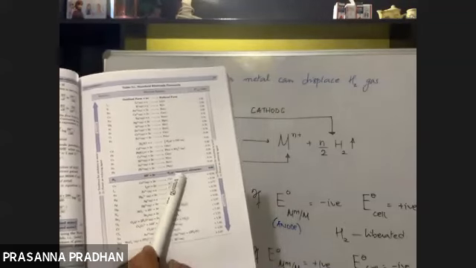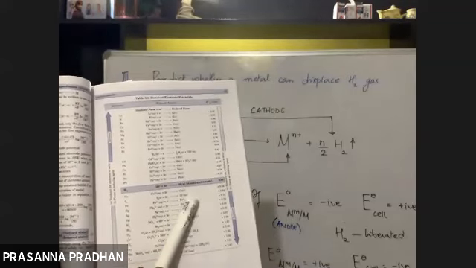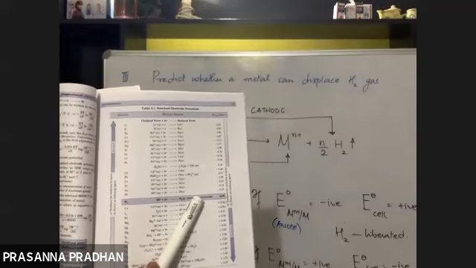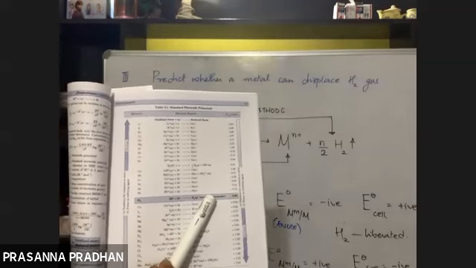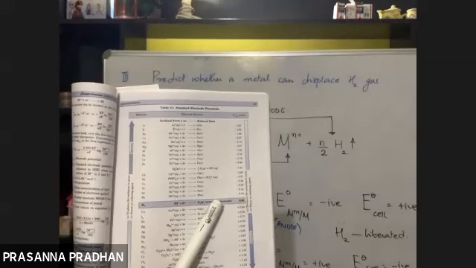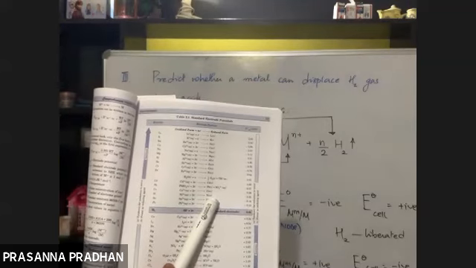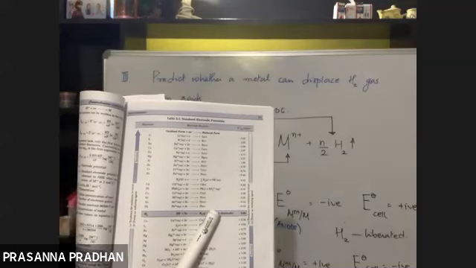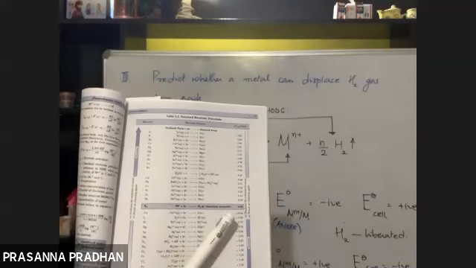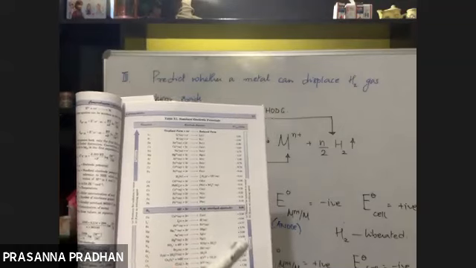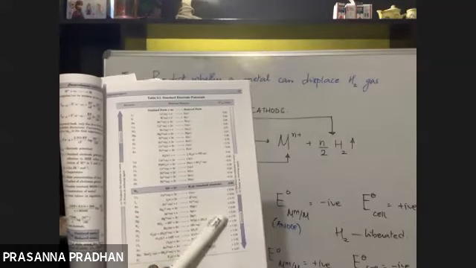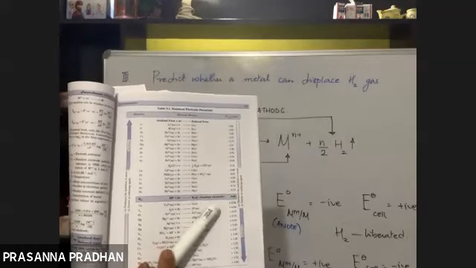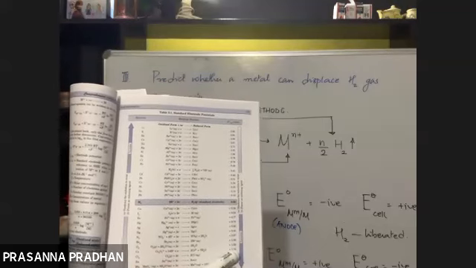Whereas the values below hydrogen are all positive, which means they are not able to liberate hydrogen gas. So the metals lying above hydrogen in the electrochemical series can liberate hydrogen from acids, whereas the metals lying below hydrogen will not be able to liberate hydrogen gas since they have positive reduction potential values.